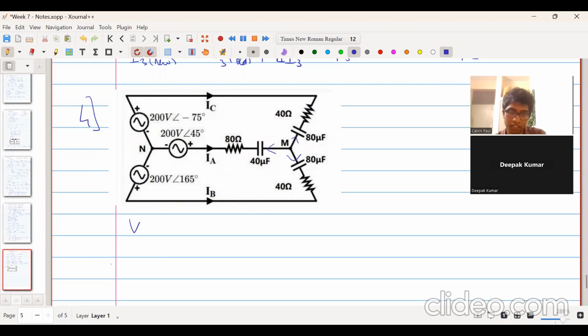So that will be VMN minus this voltage, 200 angle 45, divided by 80 minus j upon 2 pi into 50 into 40 into 10 to the power minus 6, because micro. Any doubts in this?